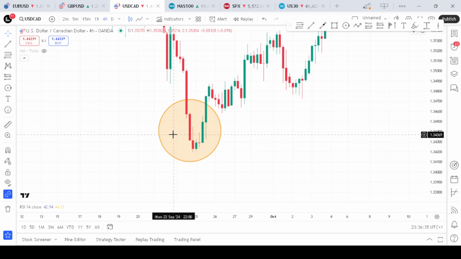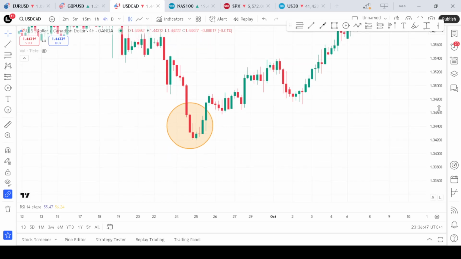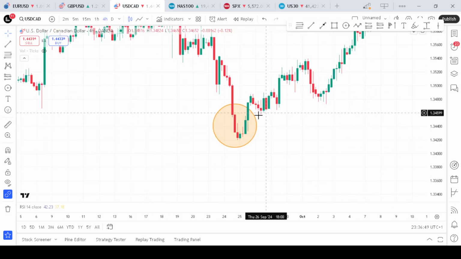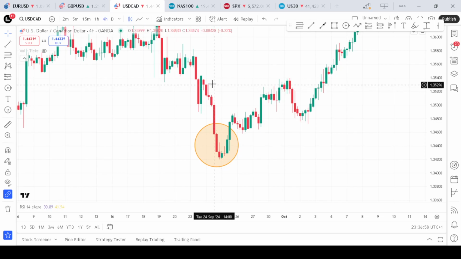So you have to pay particular attention to the location of this pattern. The most reliable signal occurs near support areas after extended down moves, after an extended downtrend where price has fallen for at least 10 candles without significantly pulling back. And as we can see, price has been falling for a while without pulling back.